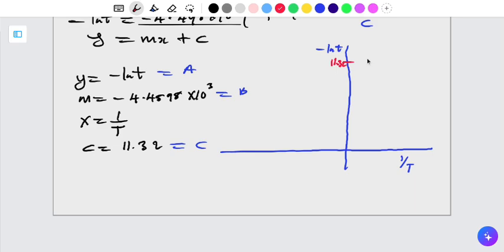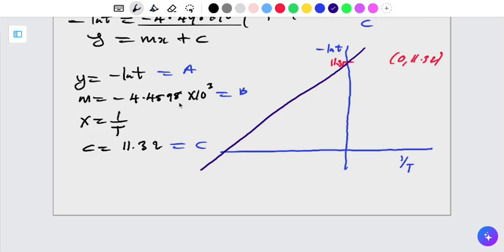The value of x is 0, so it's more like we have (0, 11.32). That is what we have. Now that the gradient is negative, the graph has to go like that. It has to be straight. But since I'm not perfect, I'm just going to draw a line which is just going to cross here. Actually, it's not going to be straight, but I'm just going to try to draw it straight. So that is how it's supposed to look.